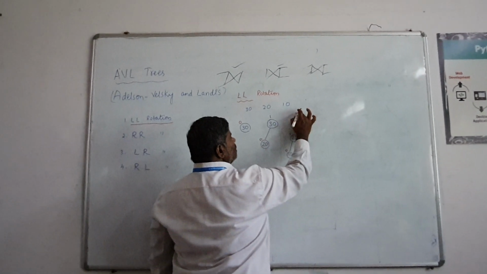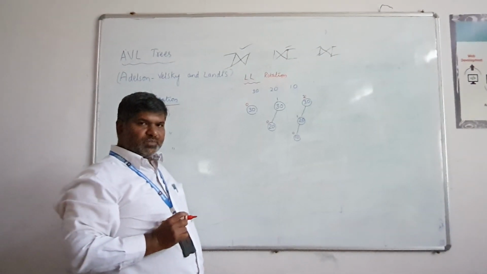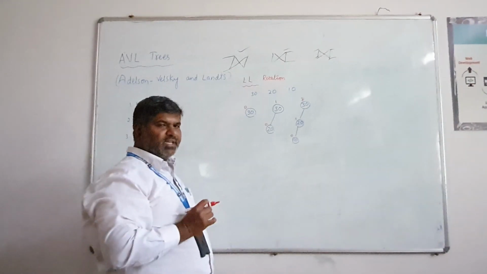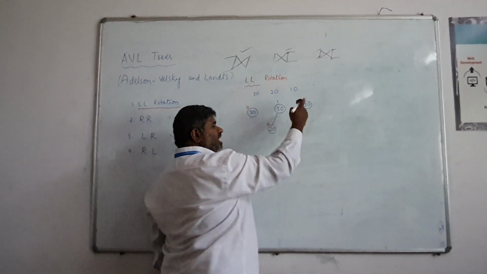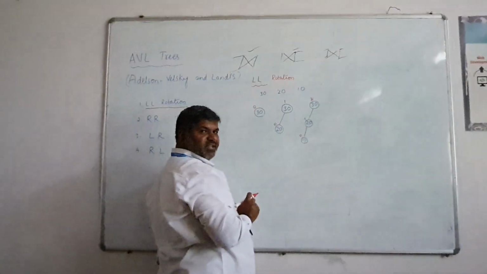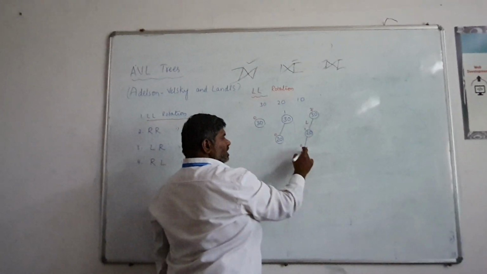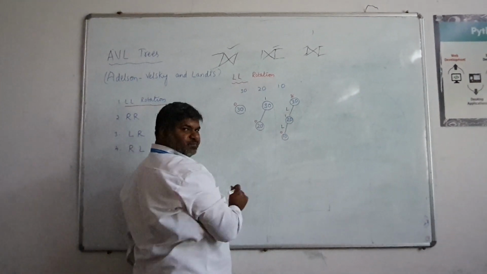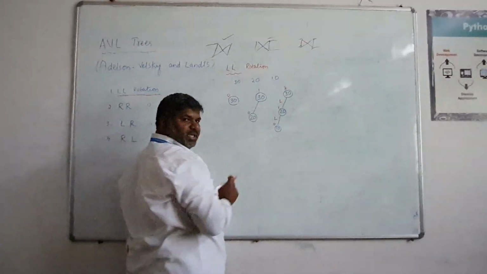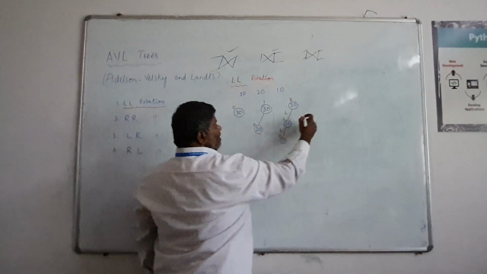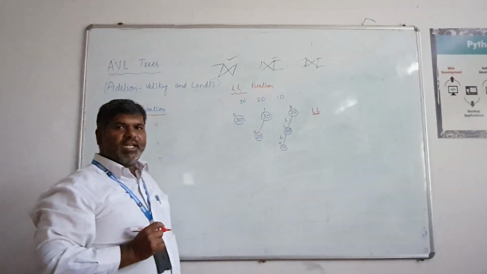In an AVL tree we cannot have the balancing factor 2. Whenever it exceeds, we need to check after inserting which element we got this balancing factor, and where that element is available. Here 10 is left of 20 and 20 is left of 30. So the problem occurred because of LL, left of left, and we need to follow LL rotation.